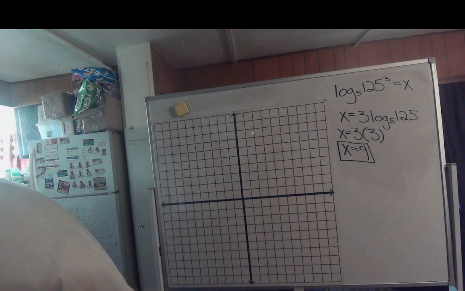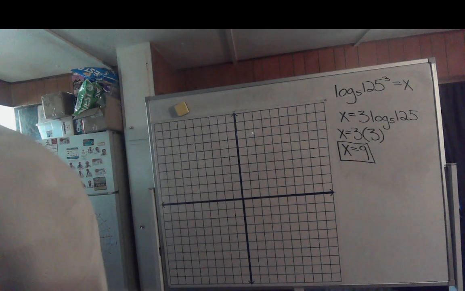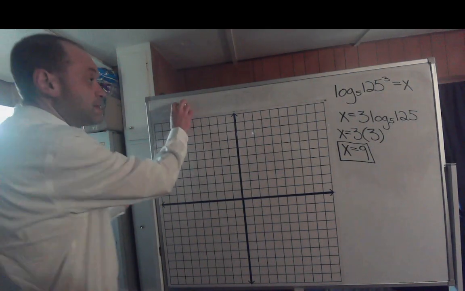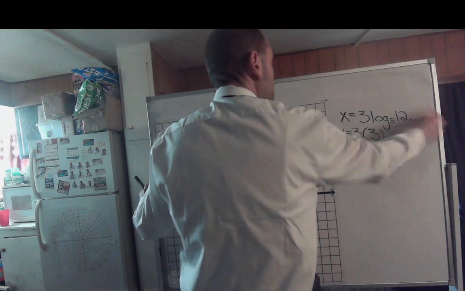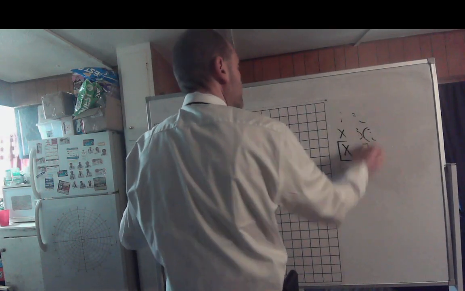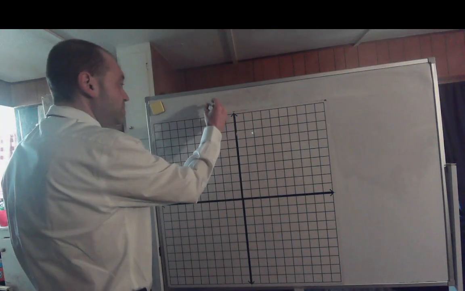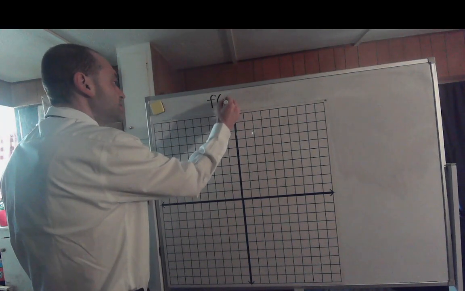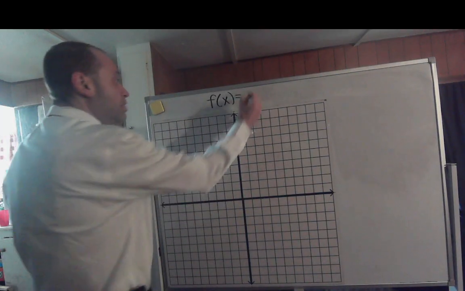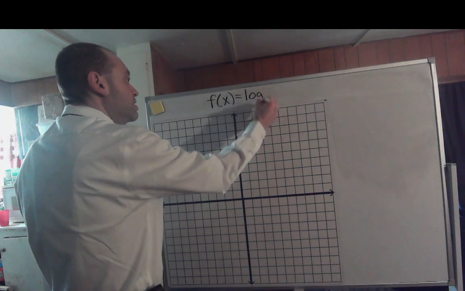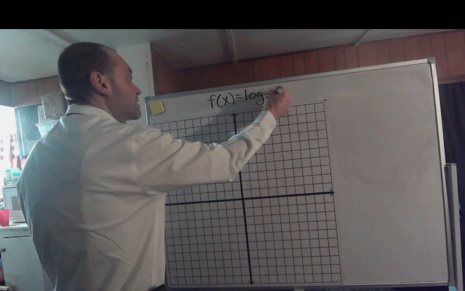All right. So let's go ahead here now. Let's graph some things. Let's go ahead and graph the logarithmic functions. I think I'll keep it simple and do log base 2. So f of x is going to equal log base 2 of x.